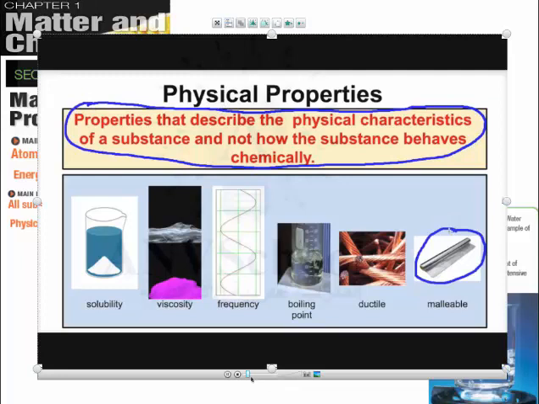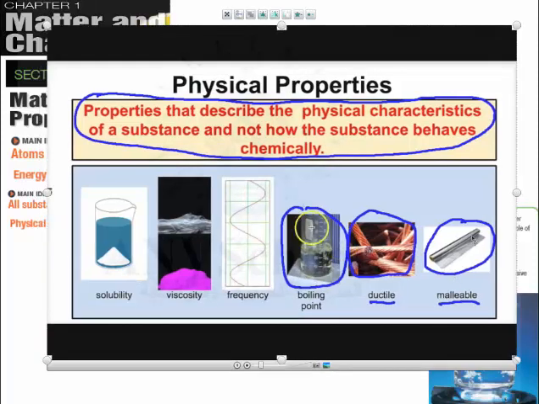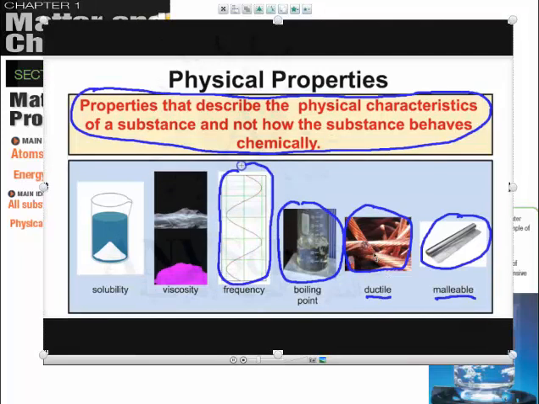In this instance, ductile means that when we are looking at boiling point, we are looking at what temperature a substance boils. If we are looking at malleability, we are looking at the fact that you can roll this compound or element into different shapes, and ductility means it can make wires.